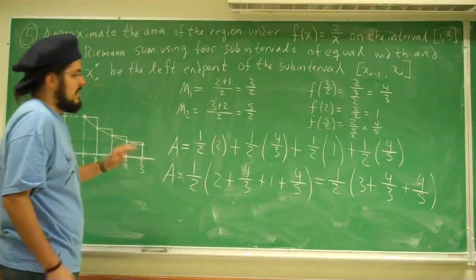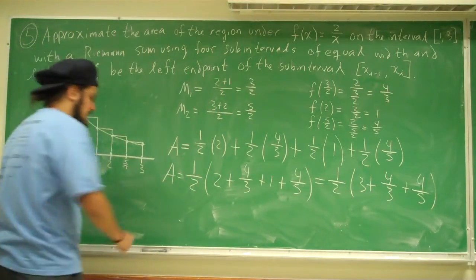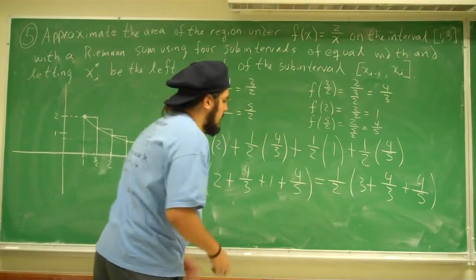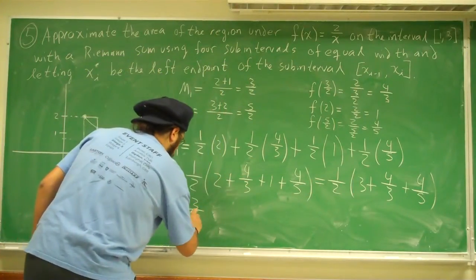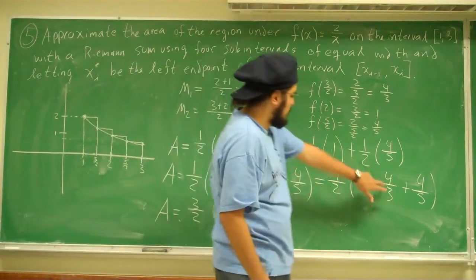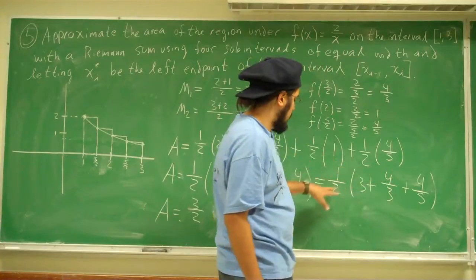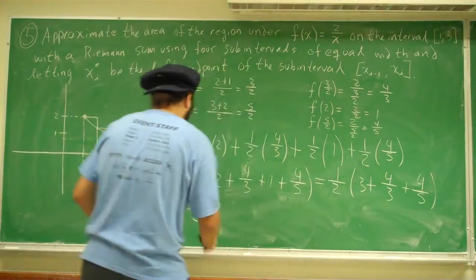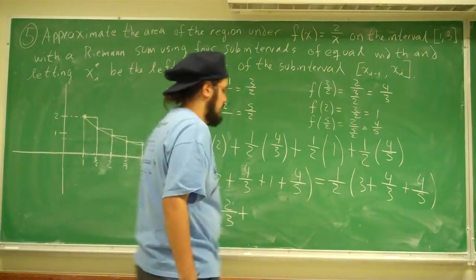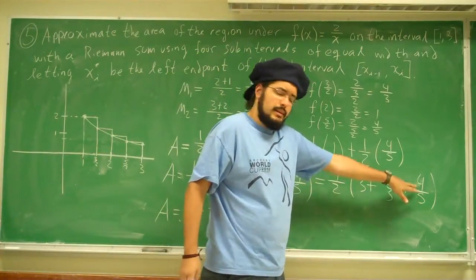Now that I have that, I'm going to go ahead and distribute the 1/2 again. That's how the answer wants it. So distribute the 1/2, so I get 3/2. Distribute again, the 4 will cancel with the 2, so I'm left with 2/3. So plus 2/3 plus, if I distribute the 1/2 again, we're left with 2/5.